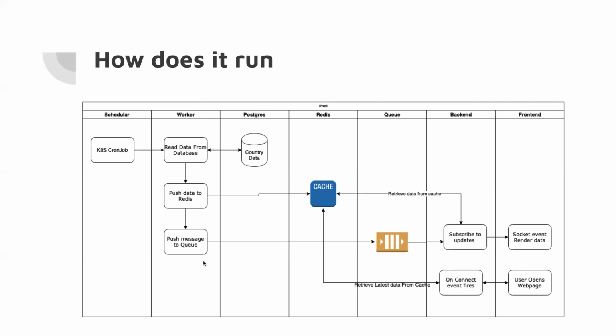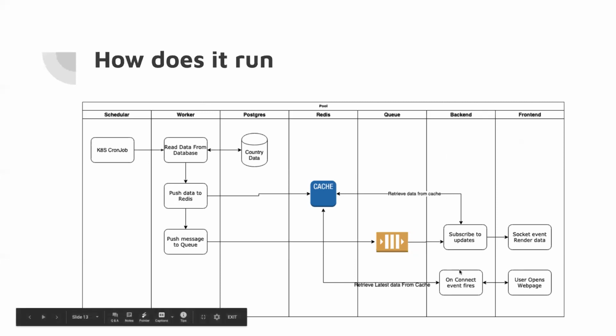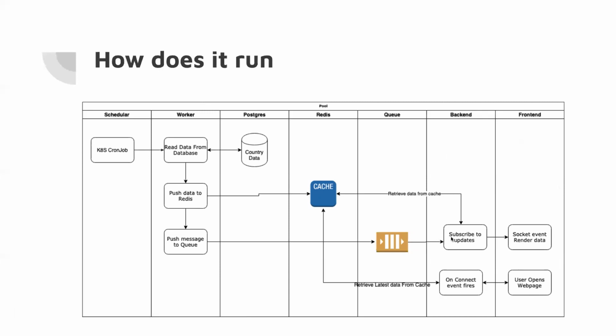A notification is put onto a messaging queue, and then the backend Node.js application, which has a queue subscription, and a socket subscription to the front end, detects that there's a new message coming in. So it says, oh, I've got a new message. What do you want me to do? Okay, I need to retrieve the latest information from the cache, and then I'll give it to the front end.